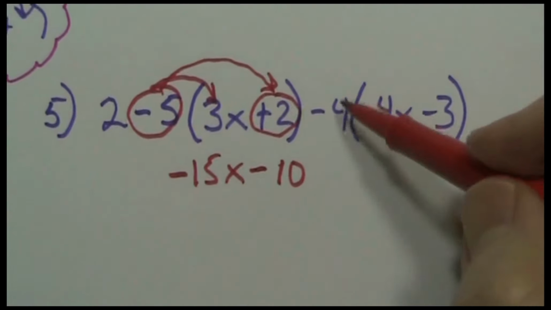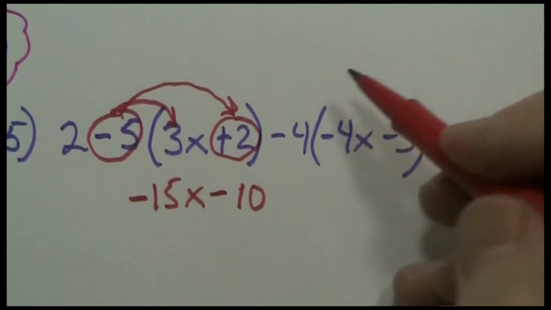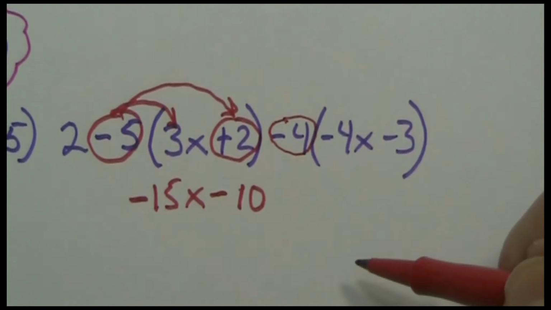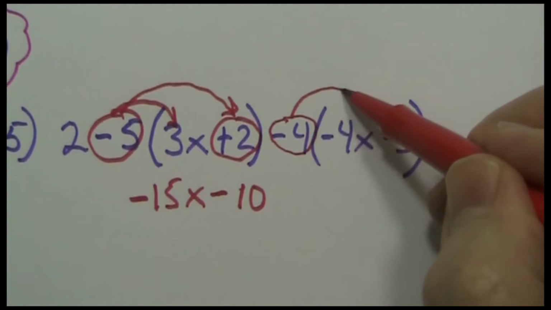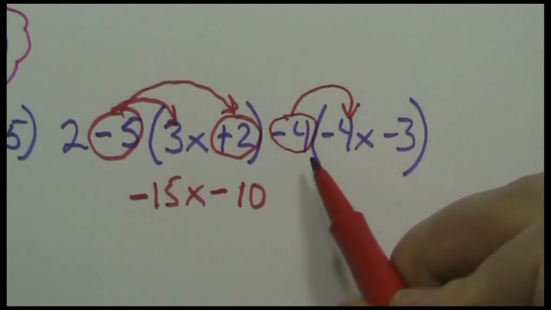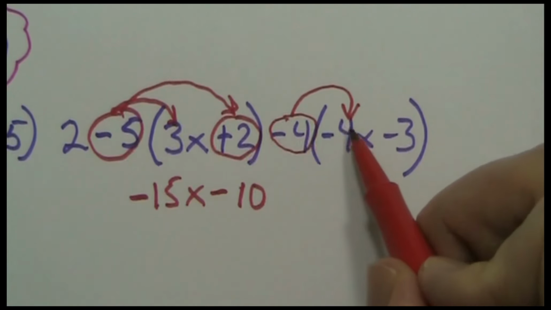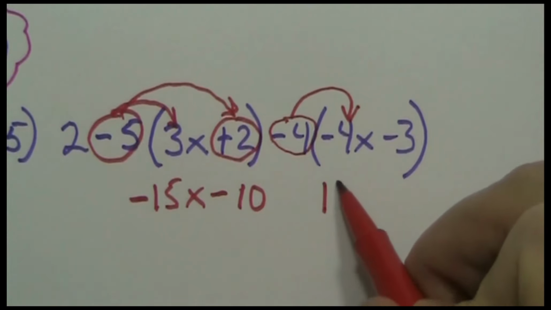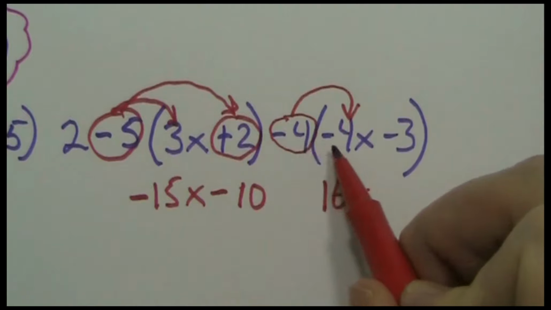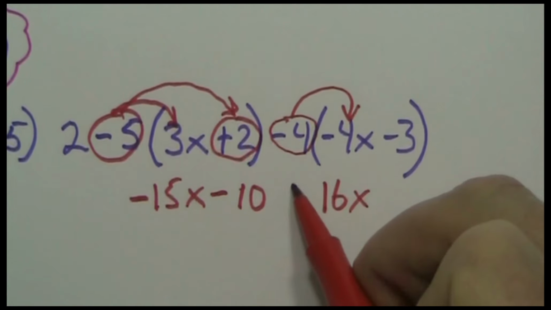Okay, the next one. Now, this minus 4 is treated the same as negative 4. So we're going to do negative 4 times negative 4. Okay, so 4 times 4 is 16. So that's 16x. And notice I'm multiplying two negatives. That means it's positive, right?